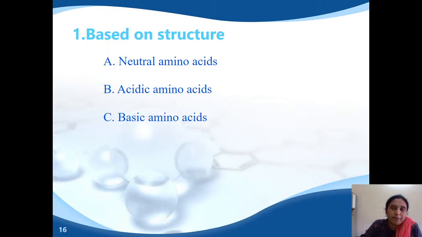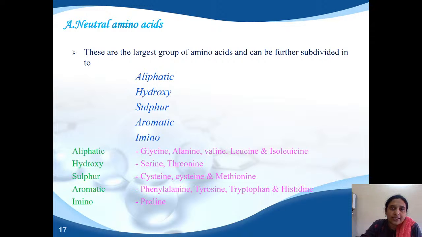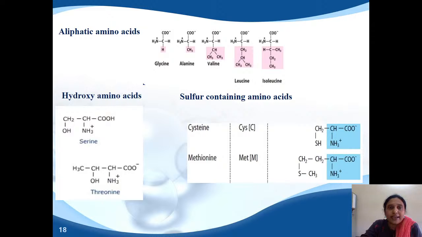Already you know that based on the charge and side chain structure, amino acids are classified into neutral, acidic and basic amino acids. Most of the amino acids are neutral because they are monoamino, monocarboxylic acids. These neutral amino acids are further subdivided into aliphatic, hydroxy, sulfur containing, aromatic and amide amino acids.